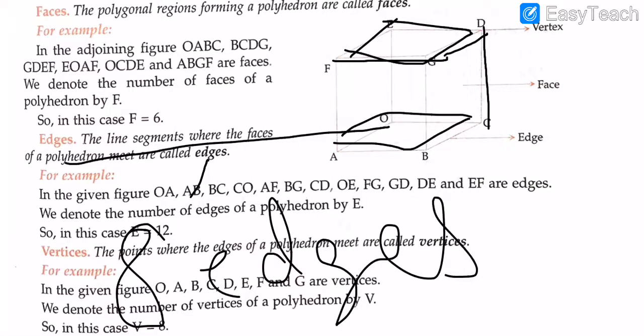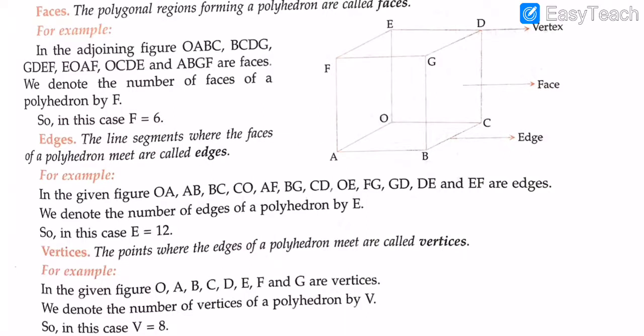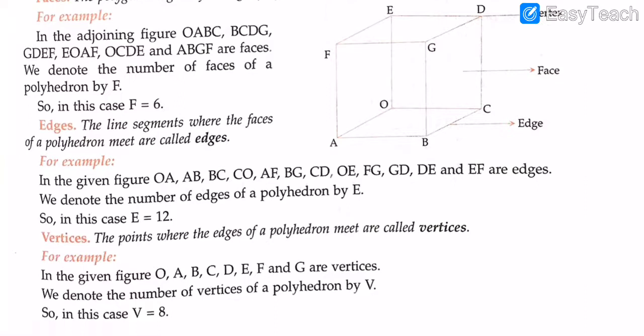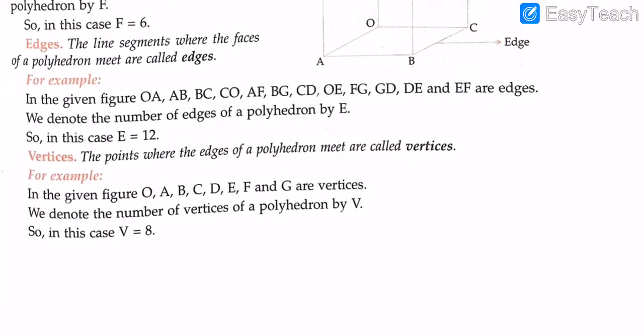Now vertices, in the language of geometry, will be the actual points, the points that you feel. 1, 2, 3, 4, like the sharp vertices, sharp edges if I say in English, but in geometry I'll say vertices. So how many vertices does this have?